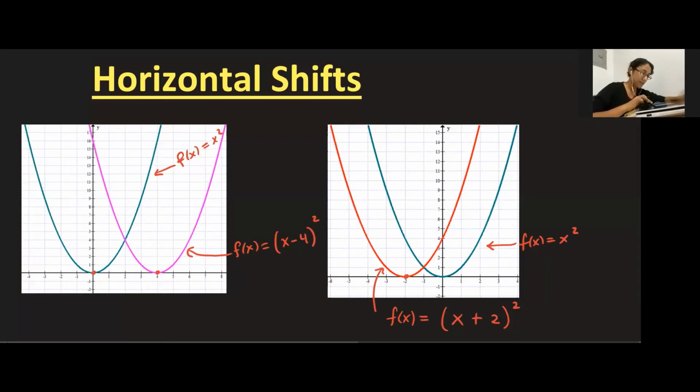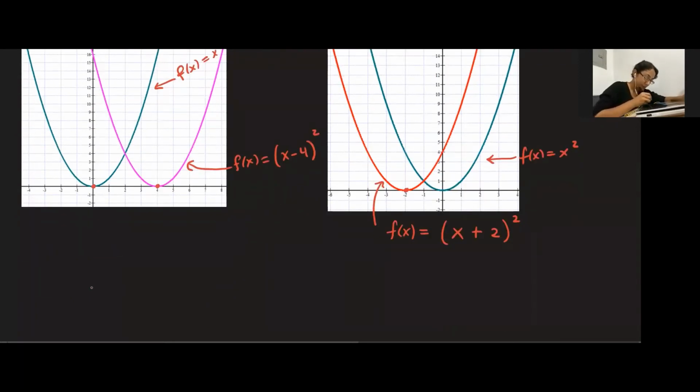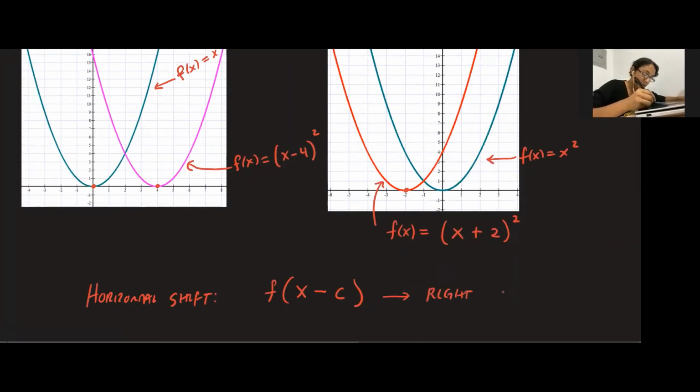Now let's write down the rule in general. So for horizontal shift, we are going to write down 2 rules. If we have f of x minus some c, where you're subtracting from your input values, which is x, this means you're going to move the graph right by c units.